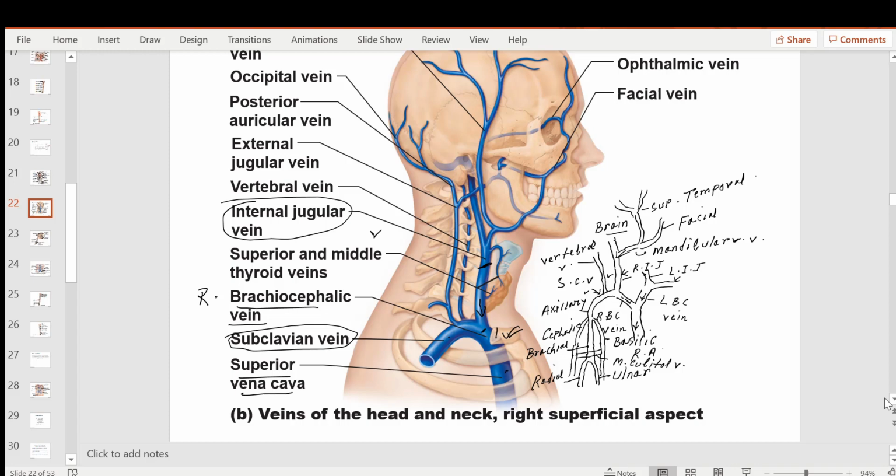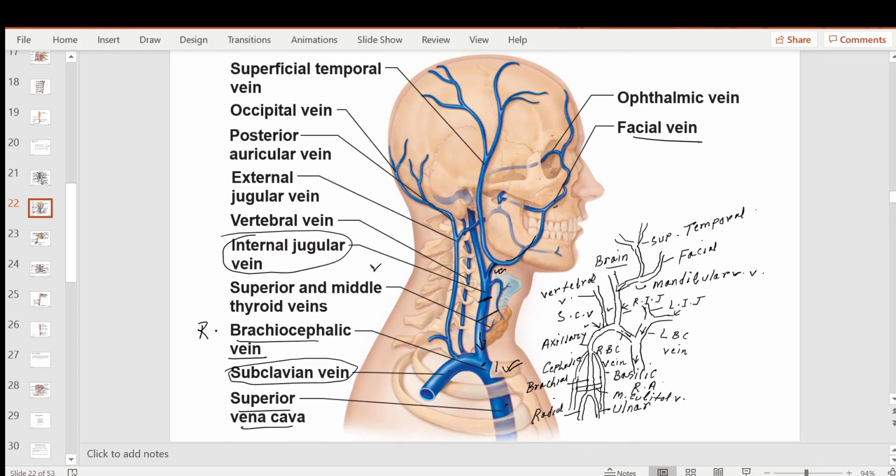Now you see here, from the internal jugular, this is the mandibular vein, this is the facial vein going to the face, this is the superficial temporal vein. Okay, I already explained this here.